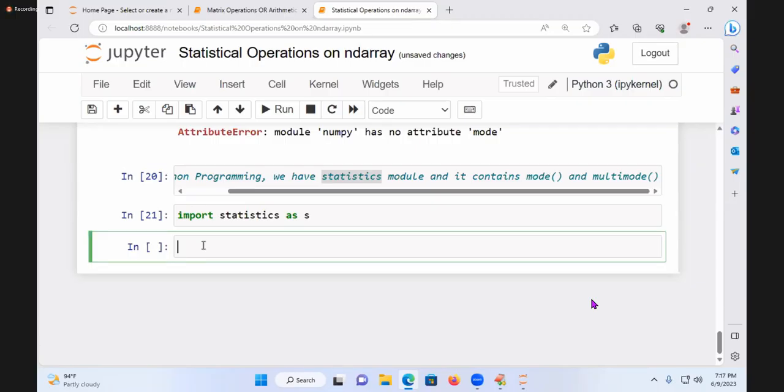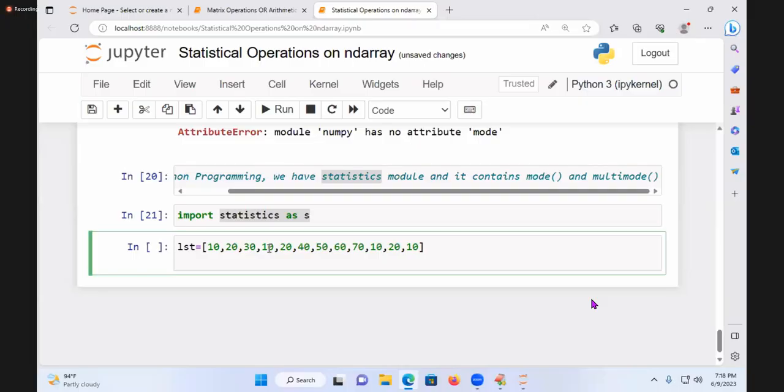Coming to the point, import statistics as yes. Now I want to take up data. LST is equal to 10, 20, 30, 10, 20, 40, 50, 60, 60, and also 70. This is my data. Here I will also take 10, 20, 10, 20, and one more time 10. Which one is the most repeatedly occurring? 10. Please observe.